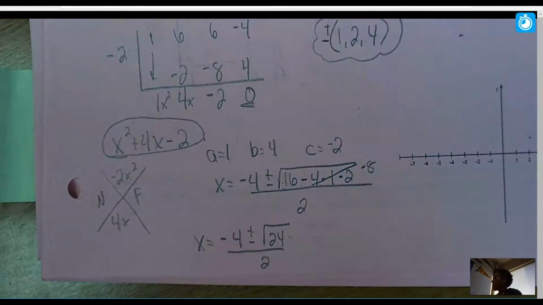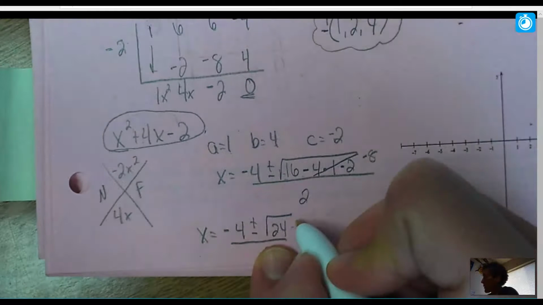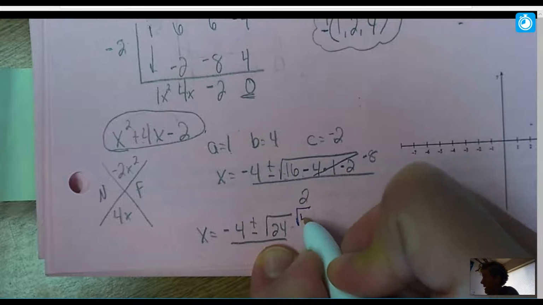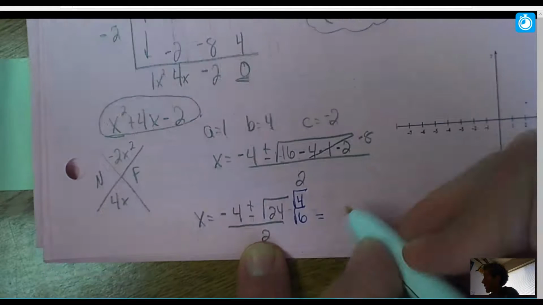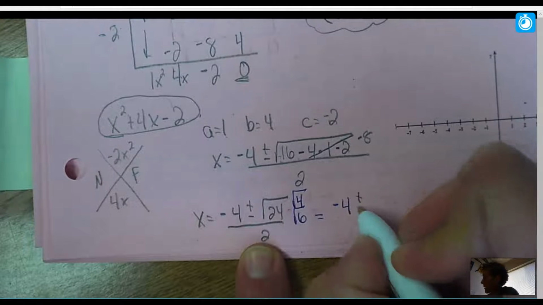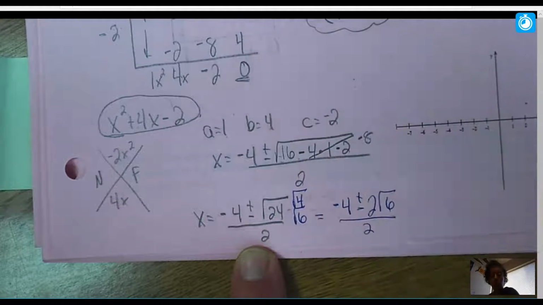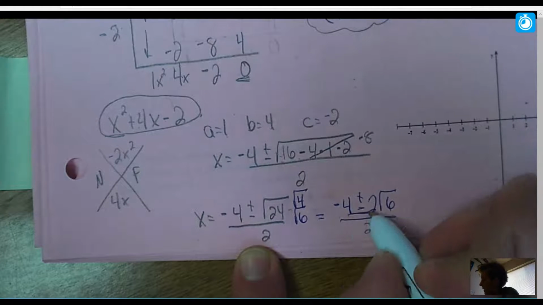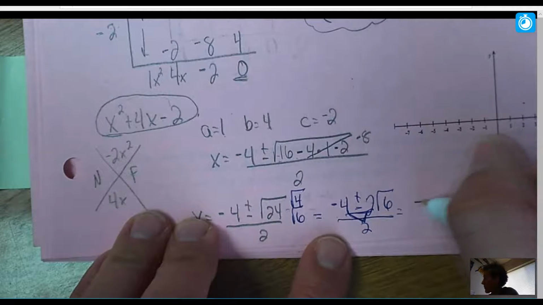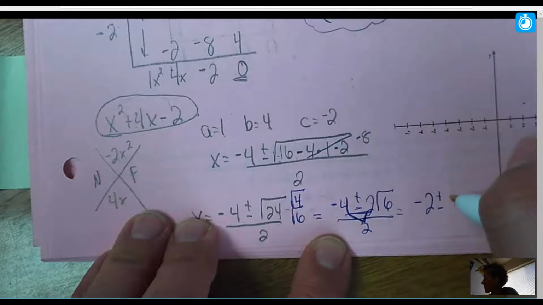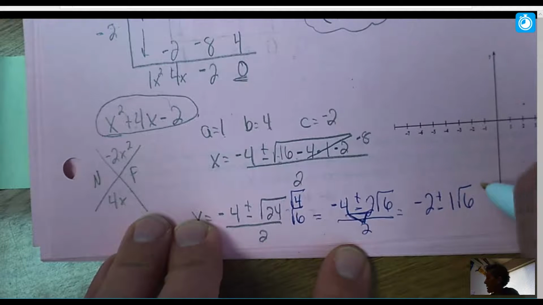Now, for sake of good answers and for your capstone, the expectation is that you would try to simplify this radical, and it has factors of 4 and 6. And so the better answer would be to now have the square root of 4 is a 2, with the square root of 6 over 2, which is pretty good. But then I look for that factoring triangle, and I can divide all of these by 2. And then I would just have a 1 in the denominator, which I don't need.